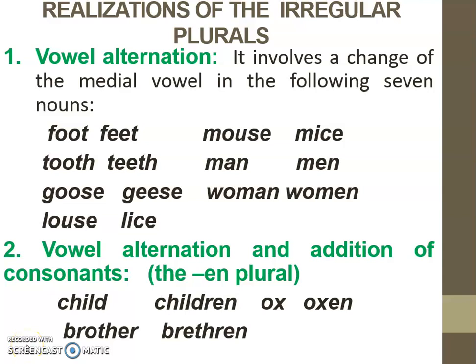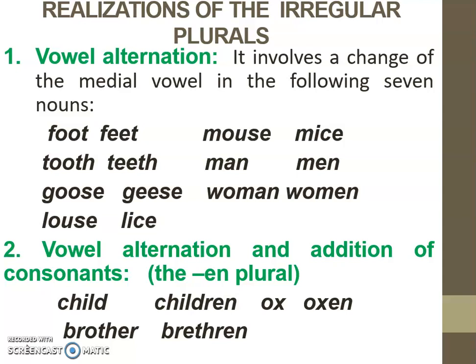Sometimes the plural morpheme and past morpheme are not realized by means of assimilation. This is what we call in grammar irregular plurals or irregular past forms.